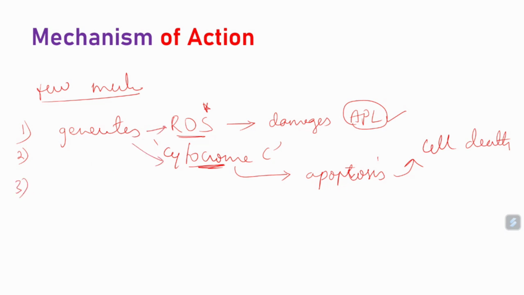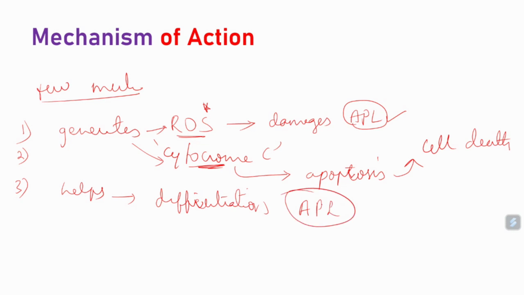The next mechanism is very important. Arsenic trioxide helps in differentiation of APL prolymphocytic cells. Prolymphocytic cells are undifferentiated. In a previous class I already explained what proliferation is and what differentiation is.